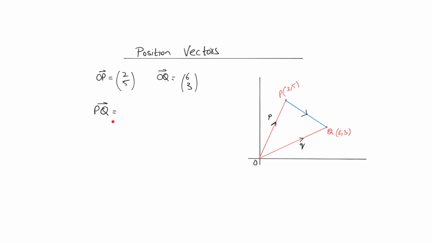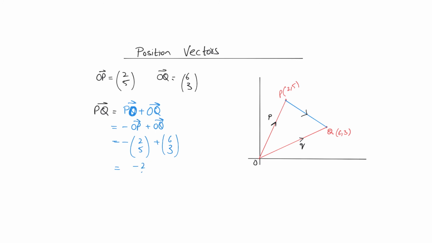Alright, so if I want to find the PQ vector, that means going from P to Q. So you can go from P to O and then O to Q. If OP was (2, 5), then PO is just the negative of OP, and the rest remains the same. So negative of OP, which is (2, 5), plus OQ, which is (6, 3).